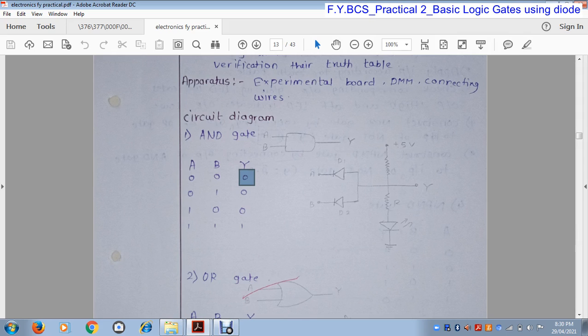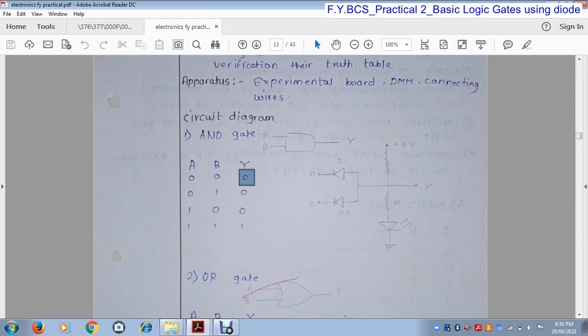In digital electronics, there are two logic levels, high logic and low logic. High logic means 1, low logic means 0. High logic, that means 1, represents 5 volt, and low logic, that means 0, represents 0 volt.